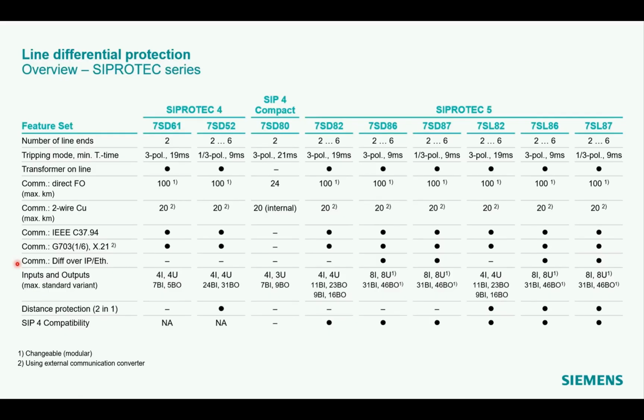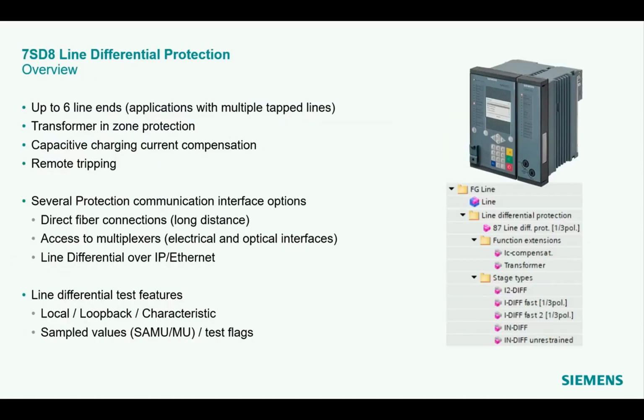For details, please also attend the dedicated session for the line differential protection communication in this tutorial series. With CProtect 5 7SD8, you get a multi-ended line differential protection device for applications up to 6 line ends. Also, a transformer can be in the protected zone. The device provides charging current compensation and binary user data exchange, including remote tripping.